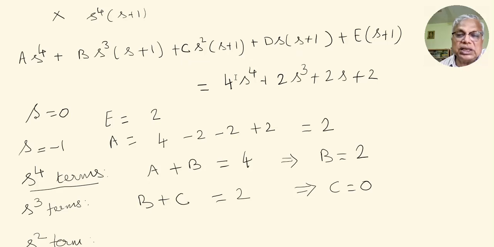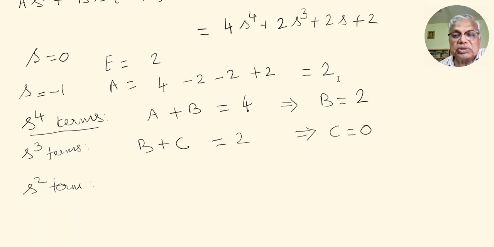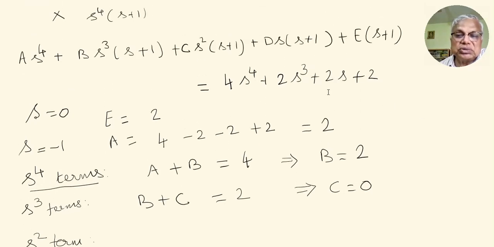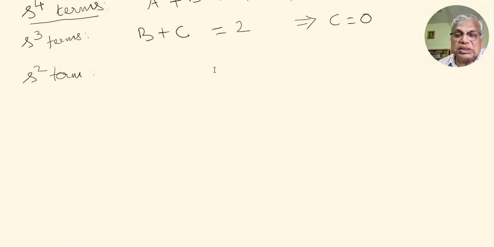So you have c and d in the left hand side, and in the right hand side there is no s square, so s square term is 0 on the right hand side, left hand side c and d. So c plus d equal to 0, and since c is already 0, this means d also equal to 0.